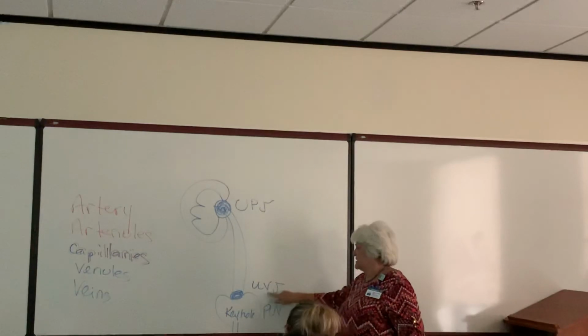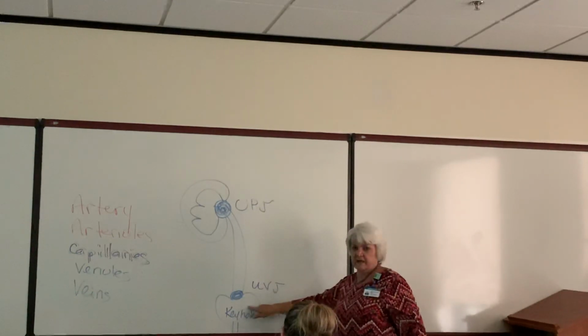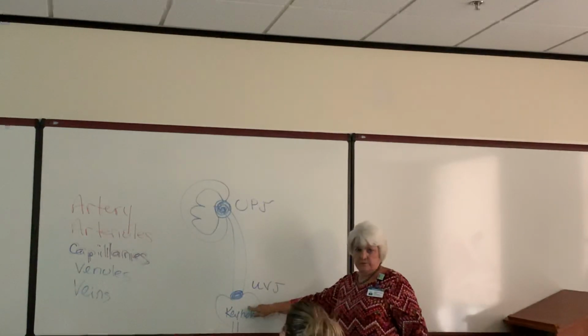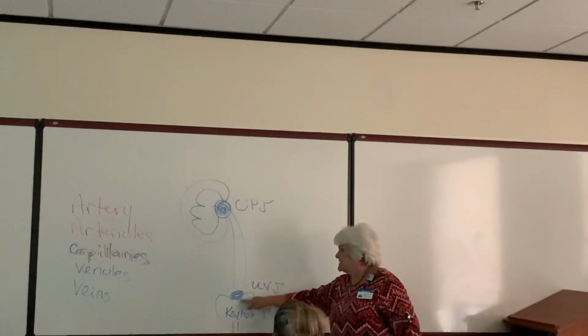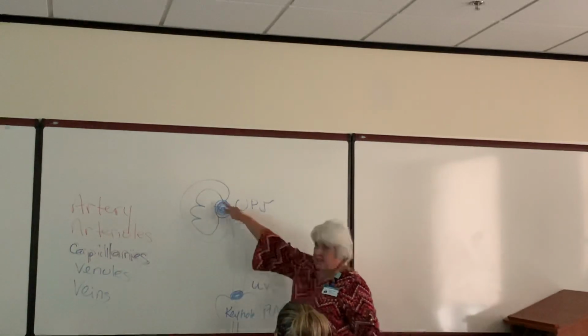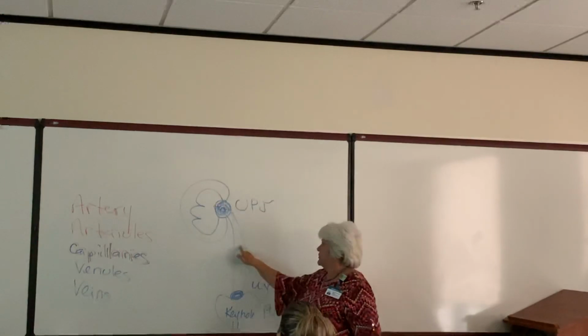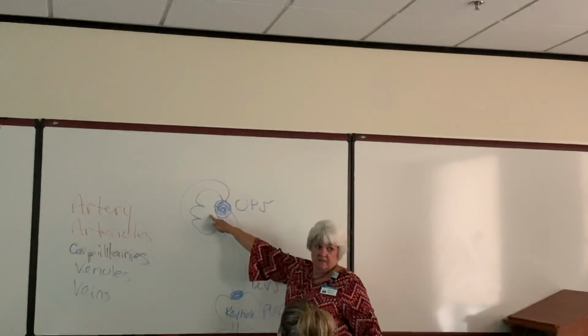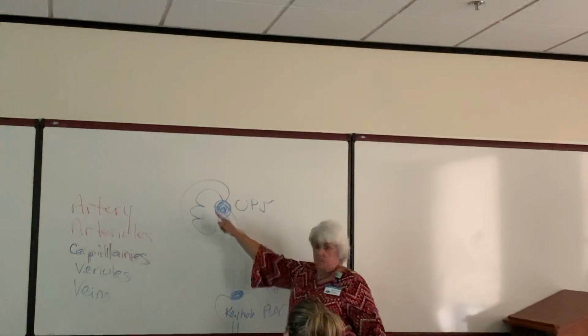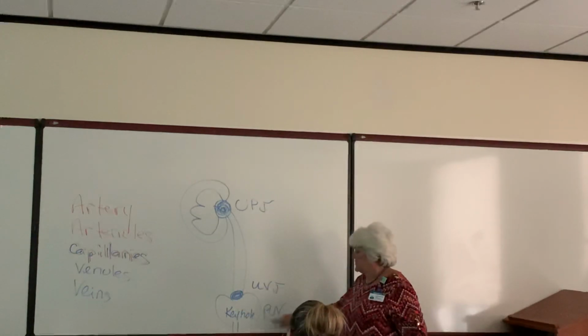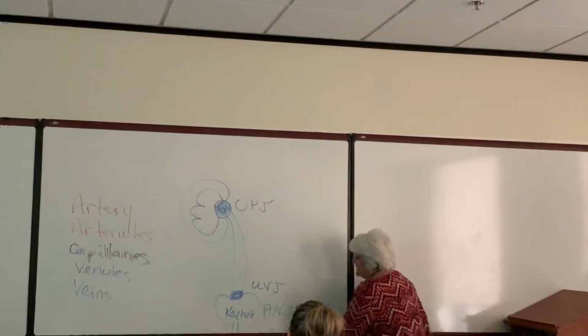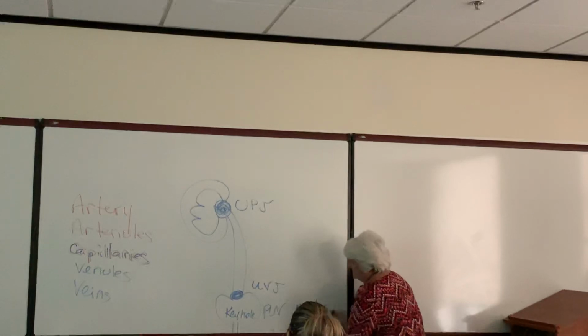Ureterovesical junction. What is the bladder? It's just a vessel that holds urine. Okay? If it's here, it's going to cause a backup to both the ureter and the pelvis. Okay? And the posterior urethral valve only happens to little boys and men.